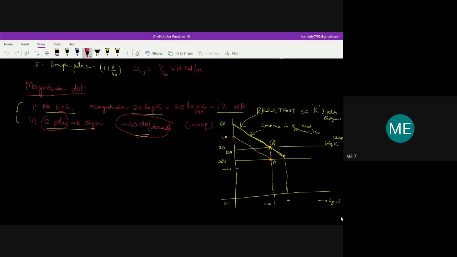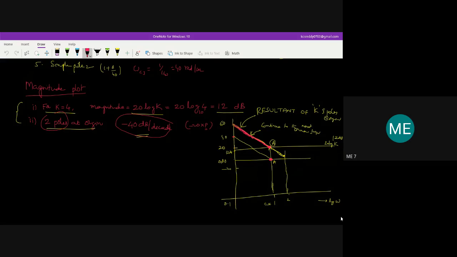So the point of intersection has to be shifted onto this, and we need to draw a parallel line. This is the parallel line which you have drawn, passing through this point, the intersection point of the 20 log K line.